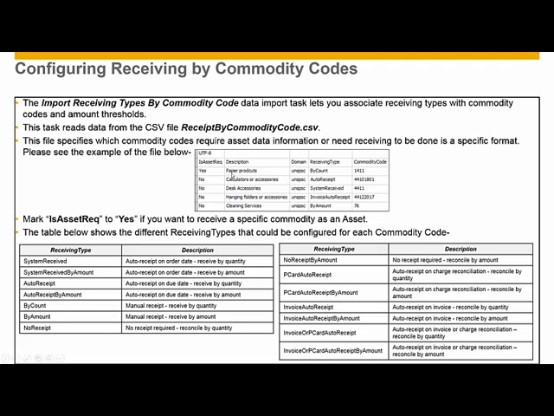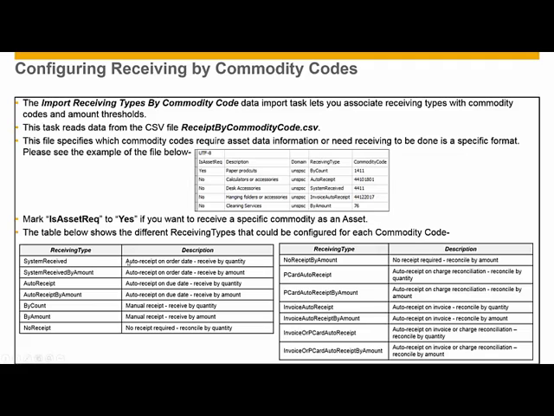For example, if it's a paper products commodity, which is 1411, we are going to do receiving based on count, and we're going to require asset information to be entered in our goods receipt. But if it is commodity code 44101801, which is for calculators, in that case we're going to do auto receiving. So this file can be used to define the different receiving types and mechanisms.